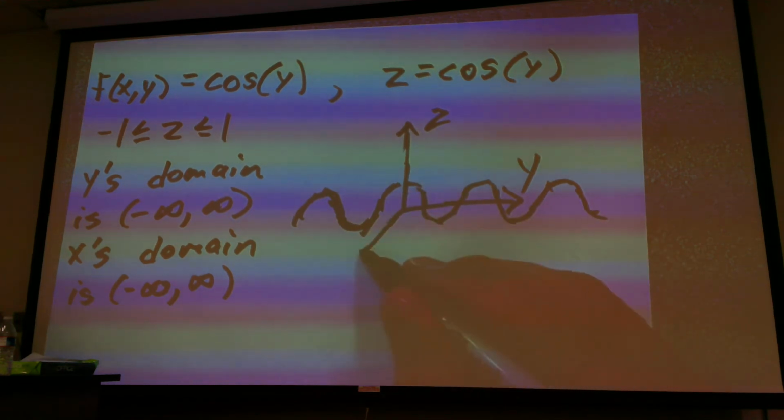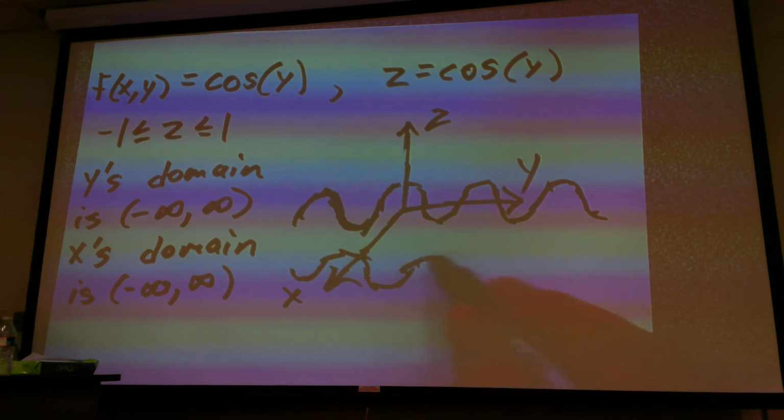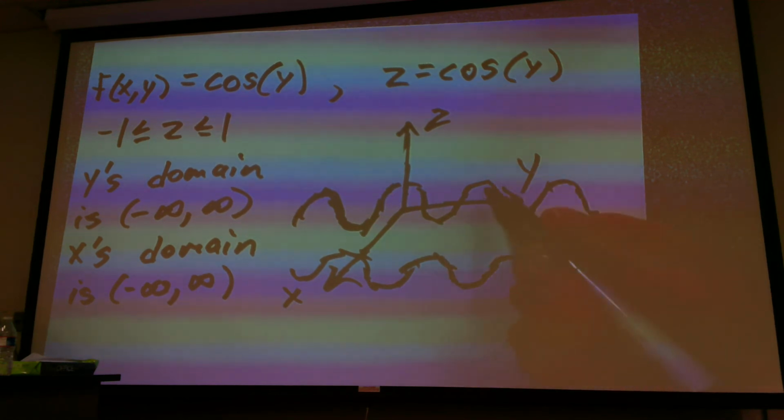Okay. Now this is independent of x, so let's see if I can draw this. If I went out in this direction, it would be 1 right there, and come up like that, not like that. And so what would this look like?